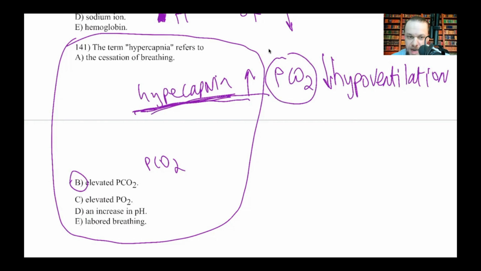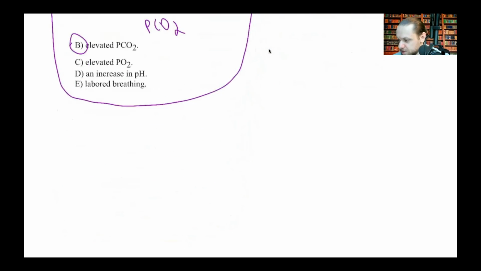If I have hypocapnia, then I am hyperventilating. So they're opposites. As long as you remember that. I don't know if you'll have any questions on that, but I think that's it.